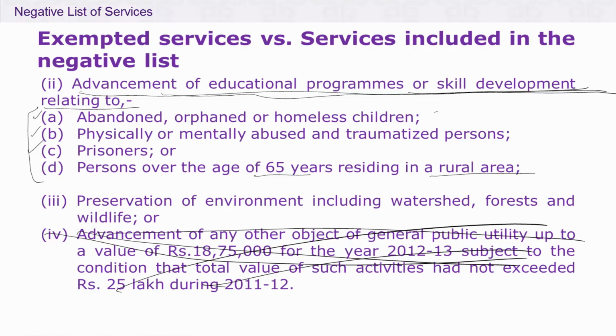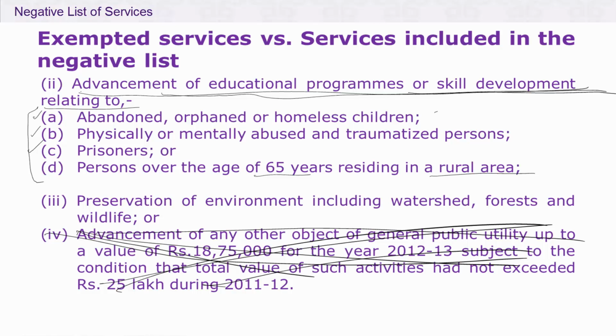Any other object of general public utility up to a value of these things, no? These have been omitted. This has been omitted in the budget 2013. This part we need not study. Okay. So in educational services, what is an educational service? We understood. And what are exempt? We understood. Under exemption, what are the entry numbers we are getting?